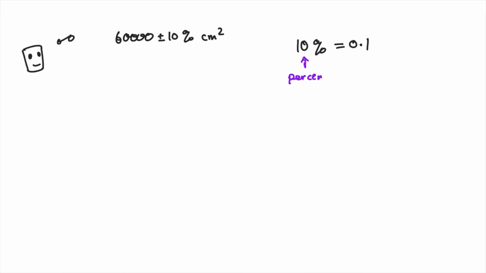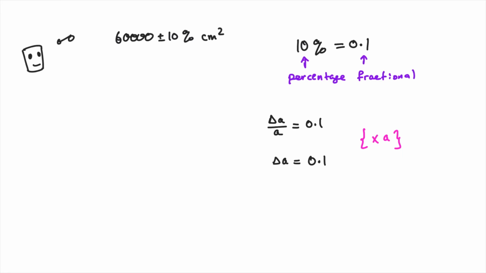Robo thinks out loud. So 60,000 represents the measured value and the 10% is the percentage uncertainty. 10% is 10 over 100 or 0.1, and this must be the fractional uncertainty. That would mean that the absolute uncertainty divided by the measured value is 0.1.